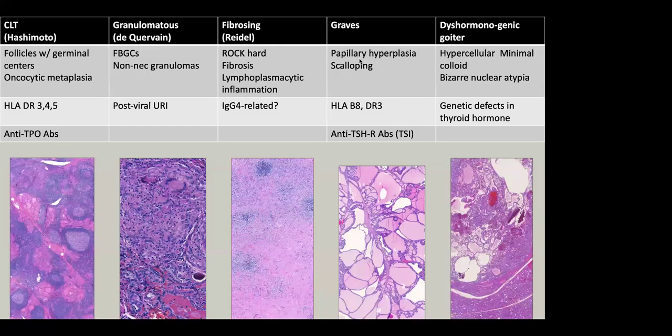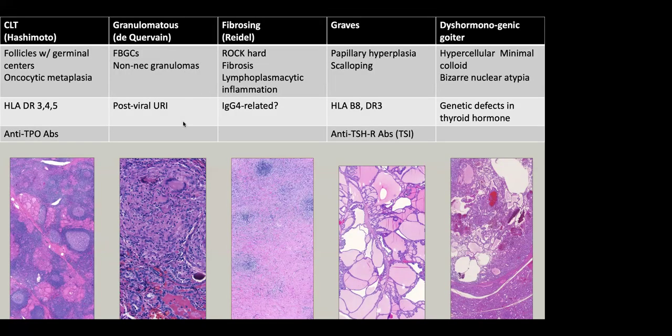Let's skip for a moment to Graves' disease, which is related to thyroid stimulating immunoglobulins. So you are either in a hypo, right, or a hyperthyroid state, but many patients can vacillate between these two. In Graves, you generally see papillary hyperplasia with these papillary infoldings into the lumen.